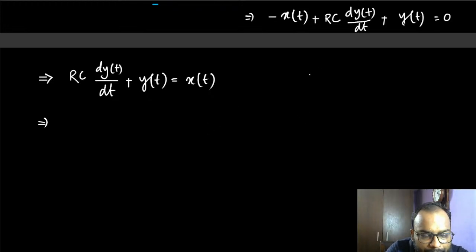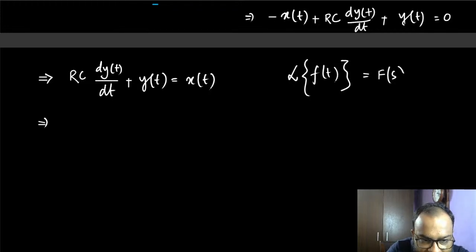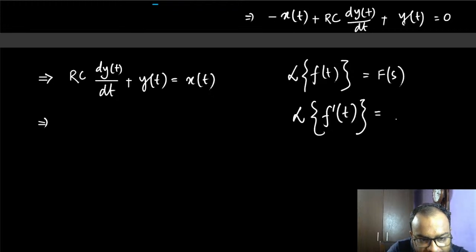Assuming I have a signal f(t), and the Laplace transform of f(t), if it exists, is F(s), there are a few things you need to know. Again, we are going to prove all this in our respective classes. The Laplace transform of the derivative of f(t) is sF(s) minus f(0).